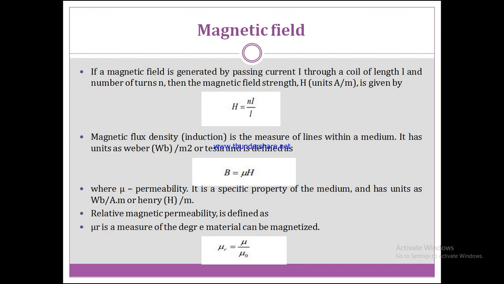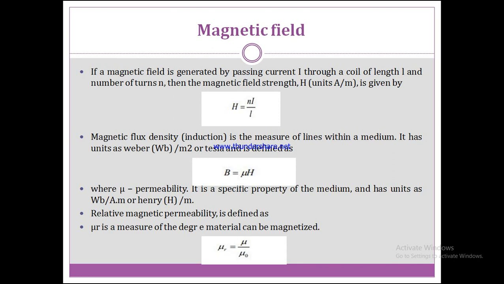It has units of Weber per meter squared, or Tesla, and is defined as B equals mu into H. In the equation B equals mu into H, mu is the permeability, a specific property of the medium, with units of Weber per ampere.